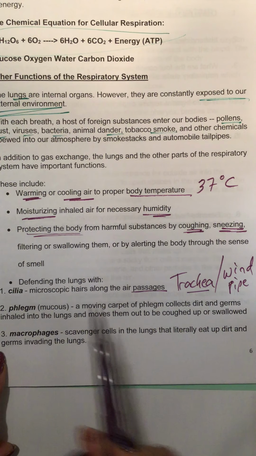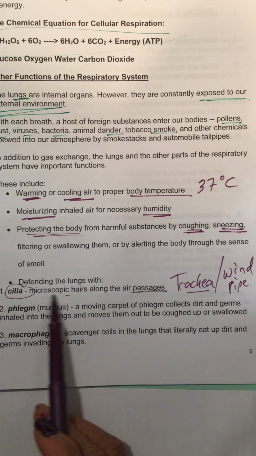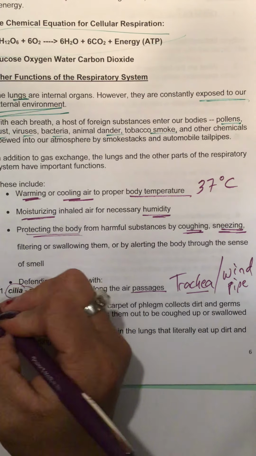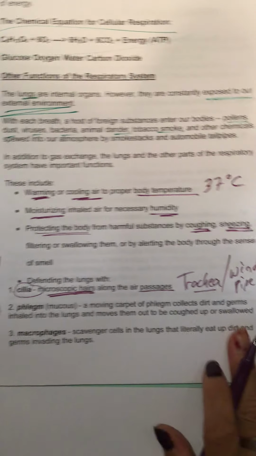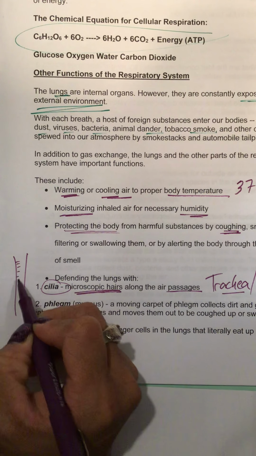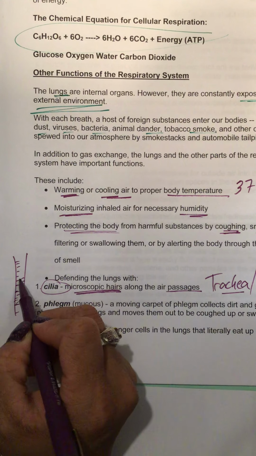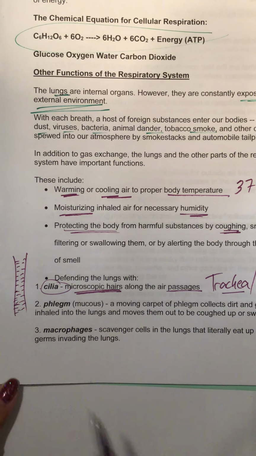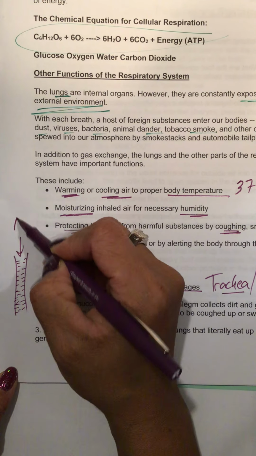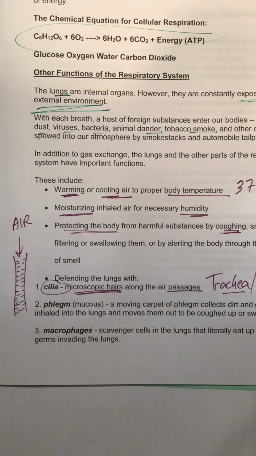It is also lined with cilia, and cilia are microscopic hairs. So you could imagine that the lining of this trachea has these tiny little microscopic hairs that sway back and forth as you breathe in and out. So as you bring in the air and exhale the air out, they move like waves of hair, microscopic hair.